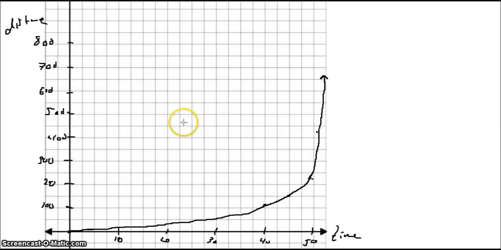Probably what would really happen with this plane is the plane would start out and it would kind of travel at this same sort of trajectory, gradually speeding up, but then it would probably just reach a point where it would stay at a constant rate, like a cruising altitude.